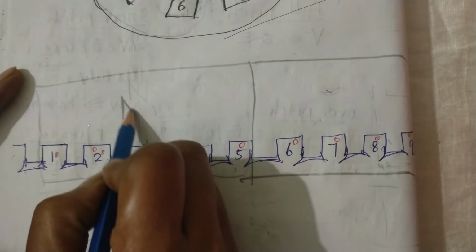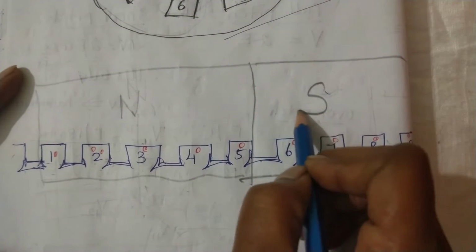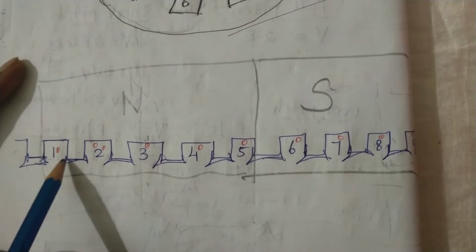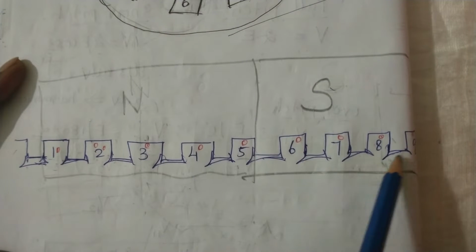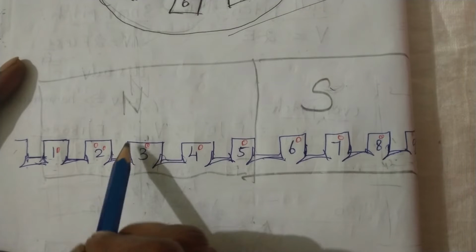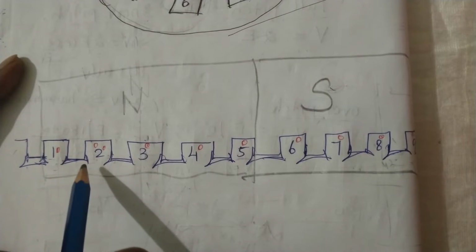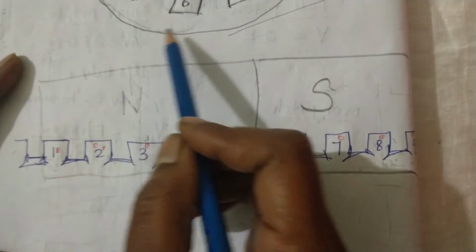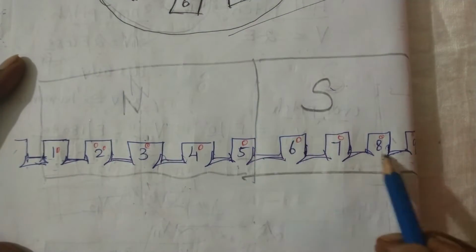So the first pole is north and the second pole is south. Likewise all the slots are numbered. Practically the slot number will be more, but for easy calculation I have taken only 10 slots.